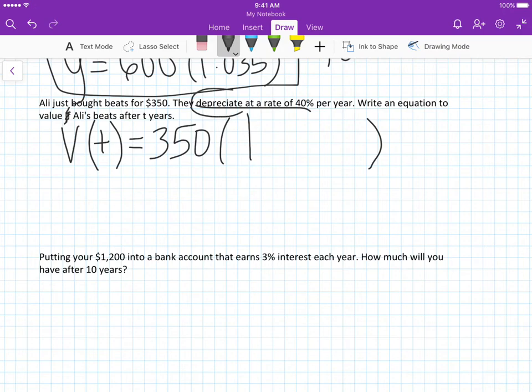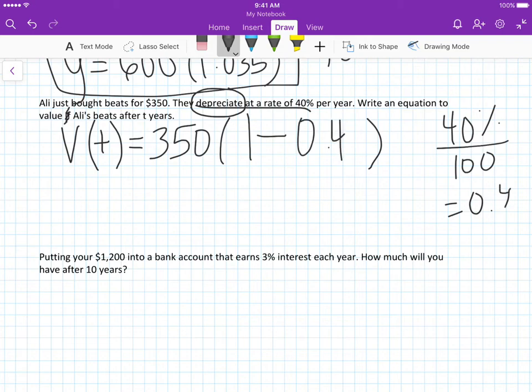Depreciation means losing, so like losing the value, which is true. When you buy something like beats or an iPhone or a car, they immediately become less valuable because they've been used. So I know this is going to be losing this rate of 40%, and then I know that 40% is 40 out of 100, which is equal to 0.4. So 1 minus 0.4 to the, I almost wrote x, to the t power.